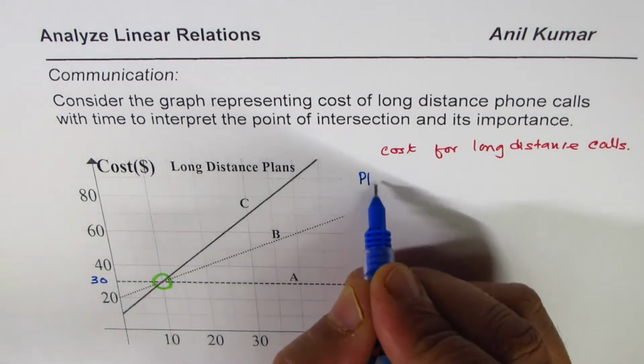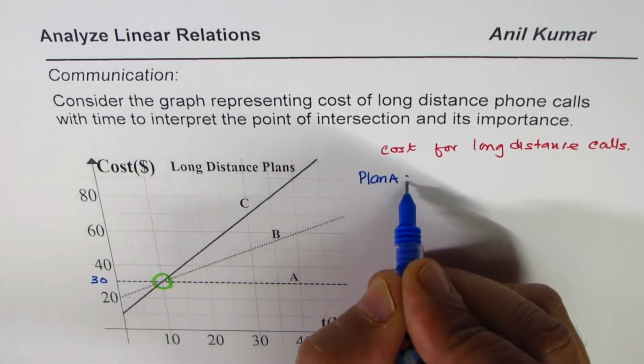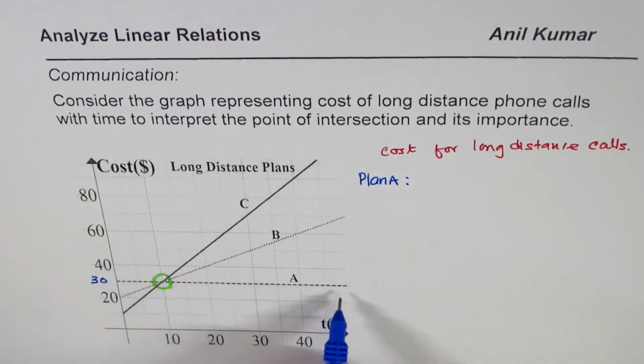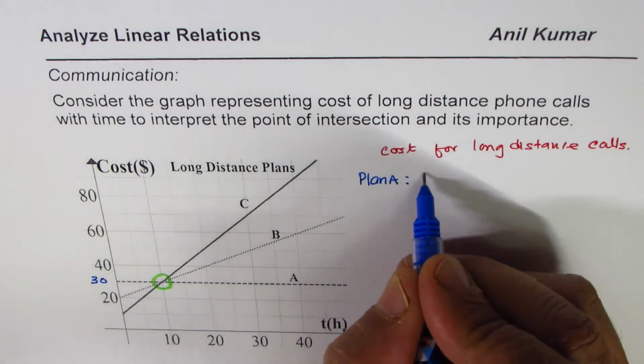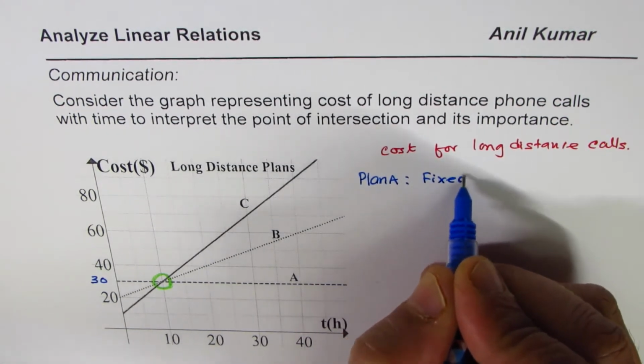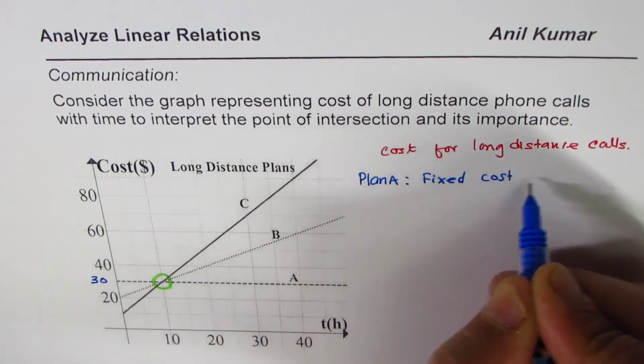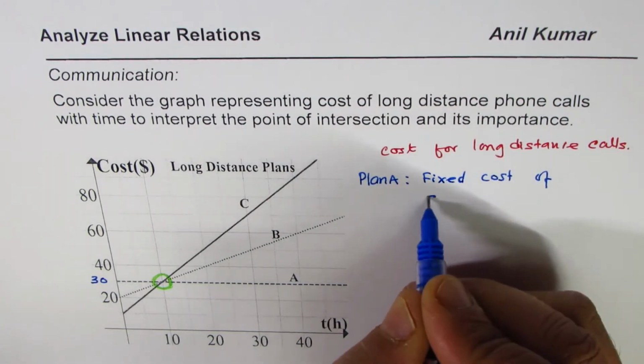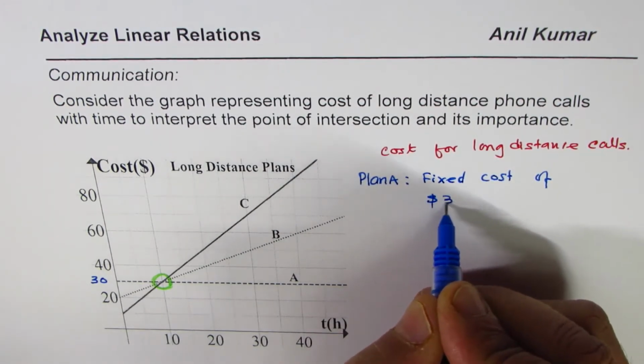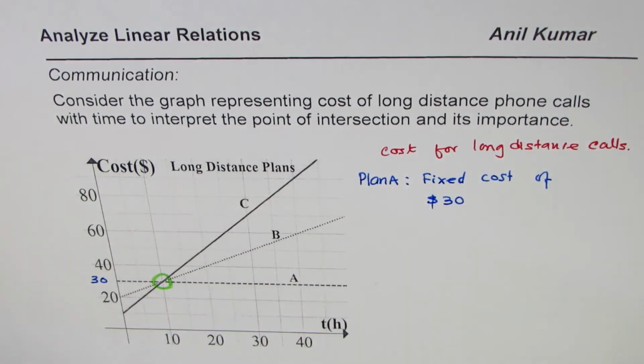What is plan A? Plan A gives you a fixed cost of $30, correct? As many hours as you can talk.